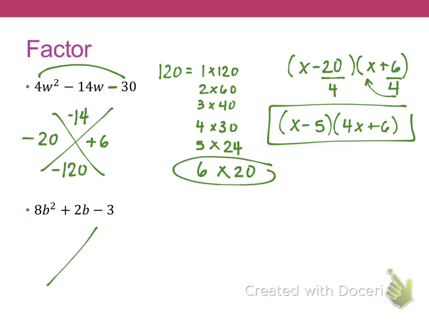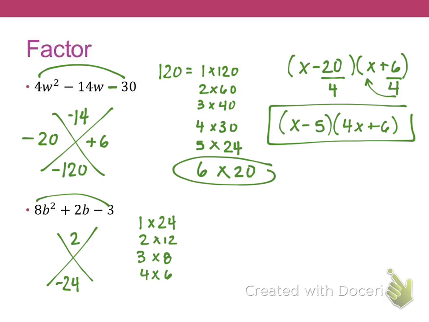Okay, next one. 2 up top, -24 on bottom. So I'm going to have 1 times 24, 2 times 12, 3 times 8, 4 times 6. All right.